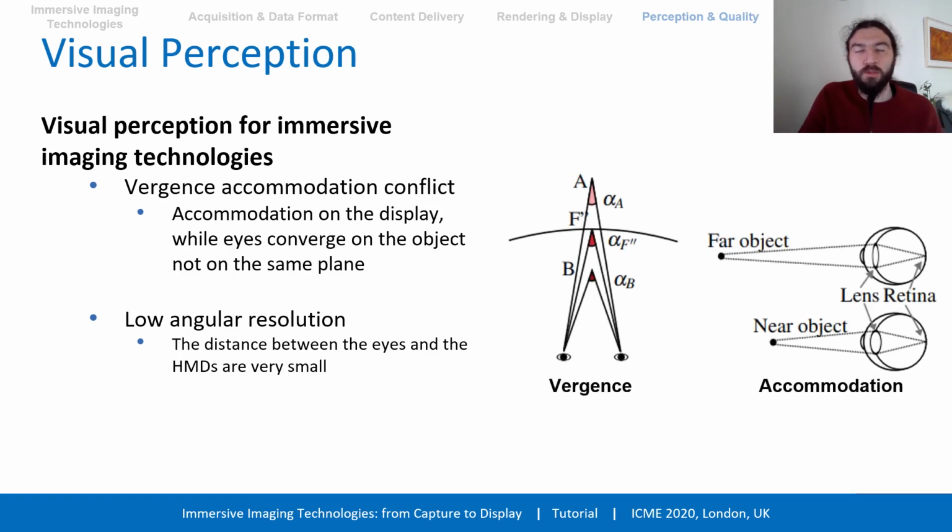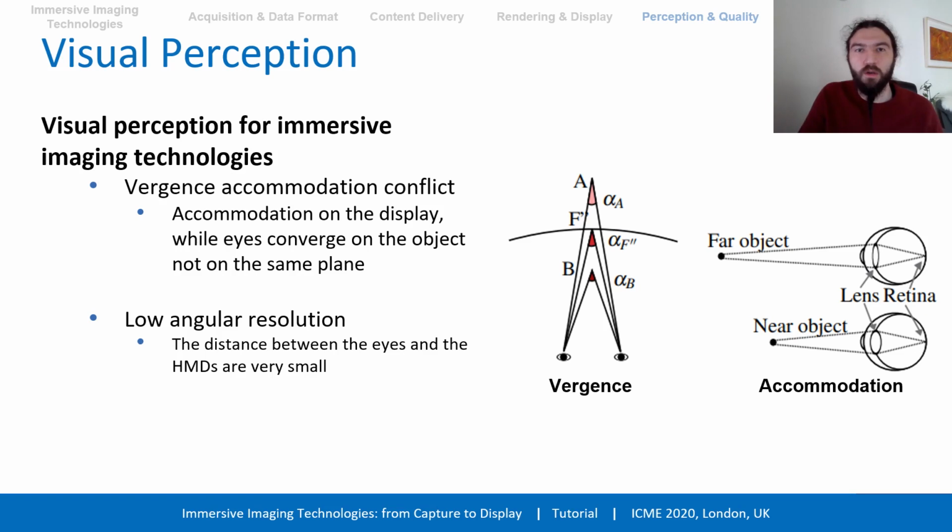First is the accommodation of the lens. That is, our eyes focus on a certain plane, and this is monocular, so each eye does this by itself. Second is vergence. Our gaze also converges on an object, and that is binocular, as we use both eyes to do this.